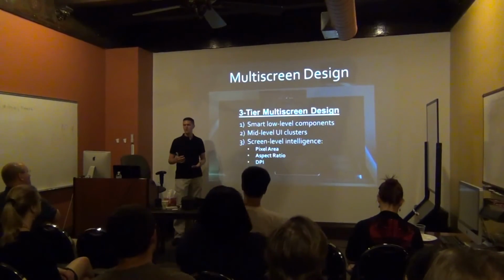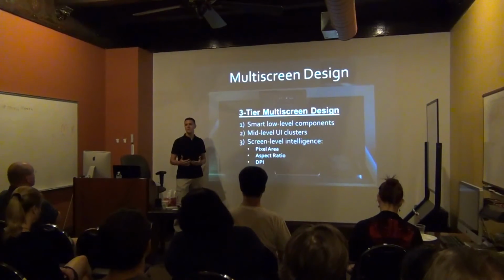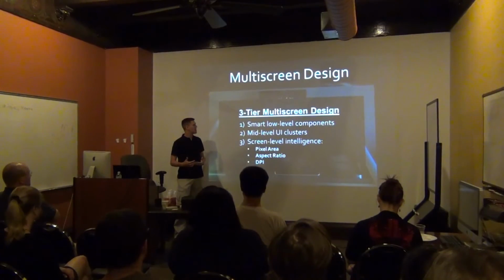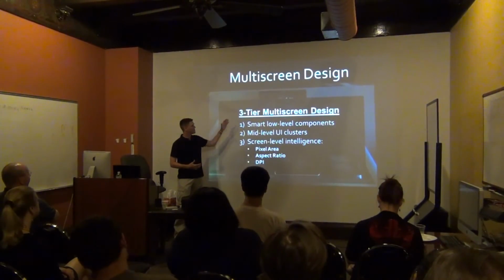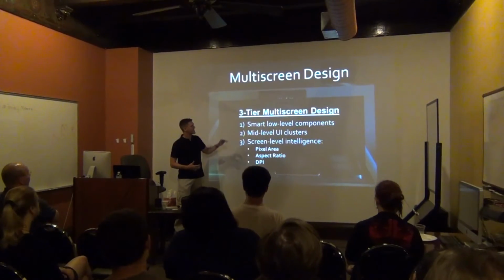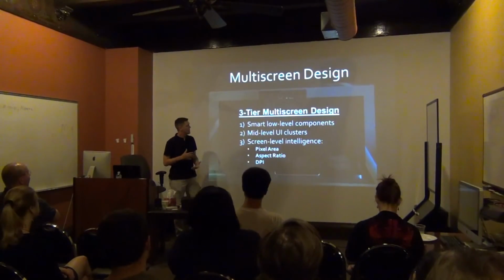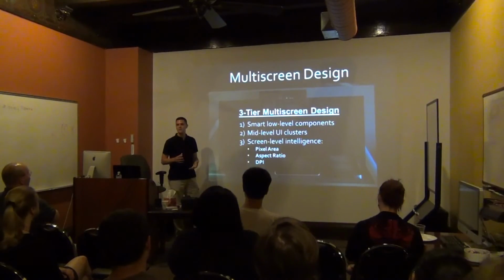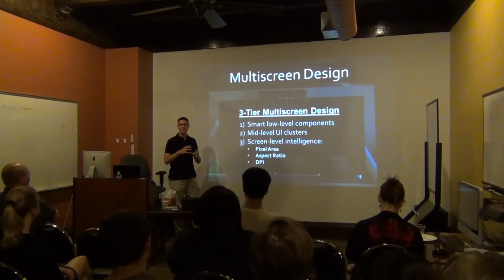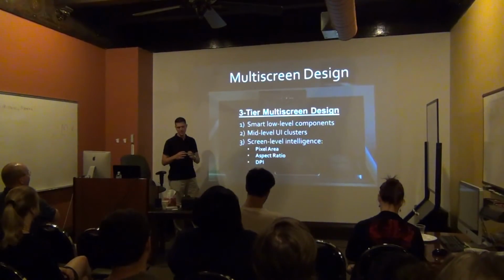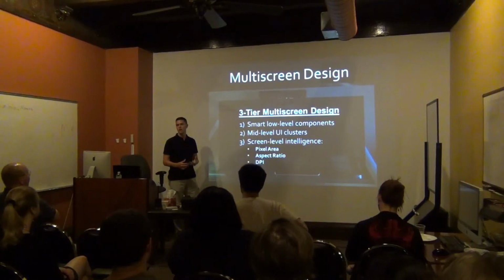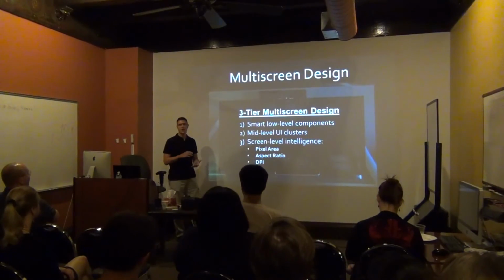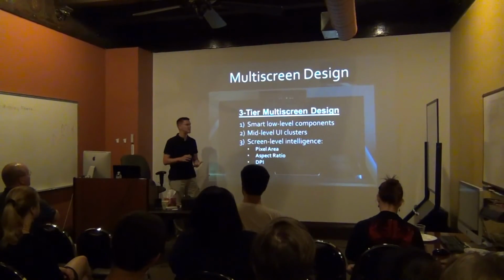Once again, look at the problem as small steps. So in this case, what I did to develop a multi-screen app was consider a 3-tier multi-screen design. In order for an interface to be able to adapt, it has to position itself in a way that is effective on a smaller screen device. So you know that your game is going to have certain components that are used to interact with it. Buttons to issue commands, selectable characters, things like that.